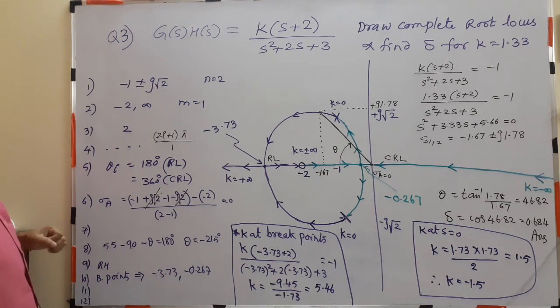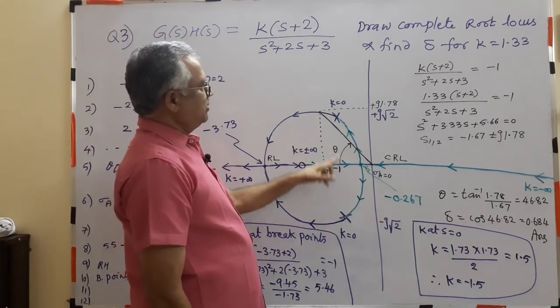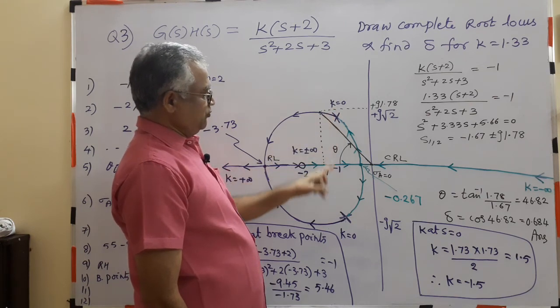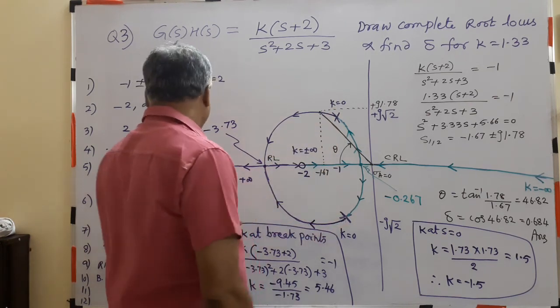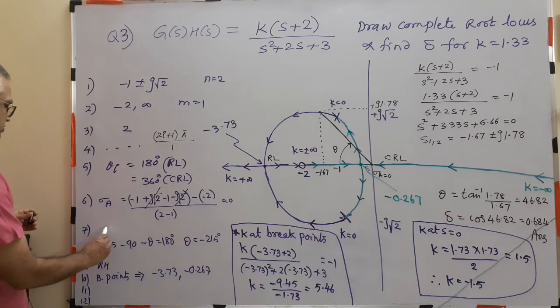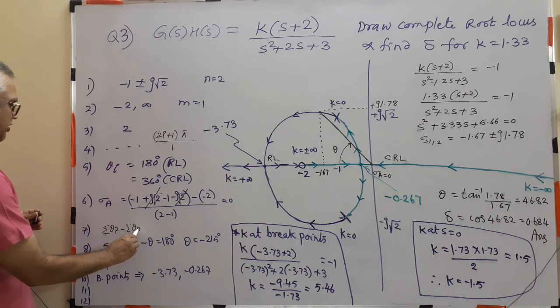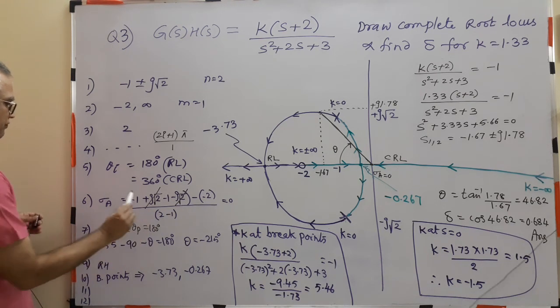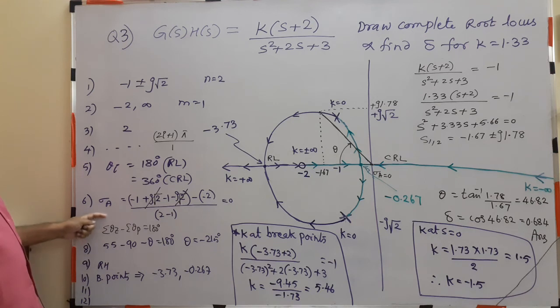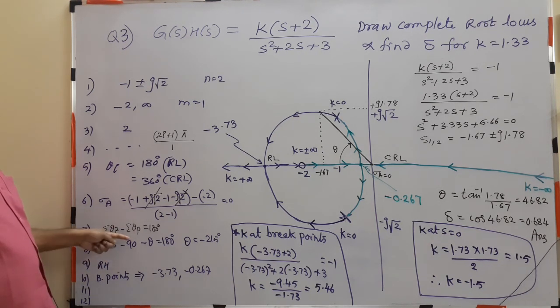Then the angles of departure of complex poles. The angle of departure is normally applied for a complex pole. Which direction it is moving is determined using a formula: sum of theta z minus sum of theta p equal to 180 degrees, that is, the sum of the angles contributed by zeros minus the sum of the angles contributed by poles.